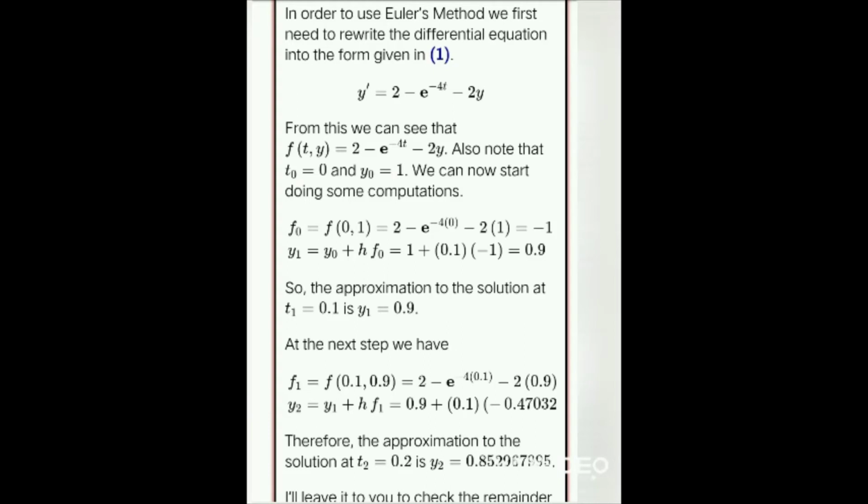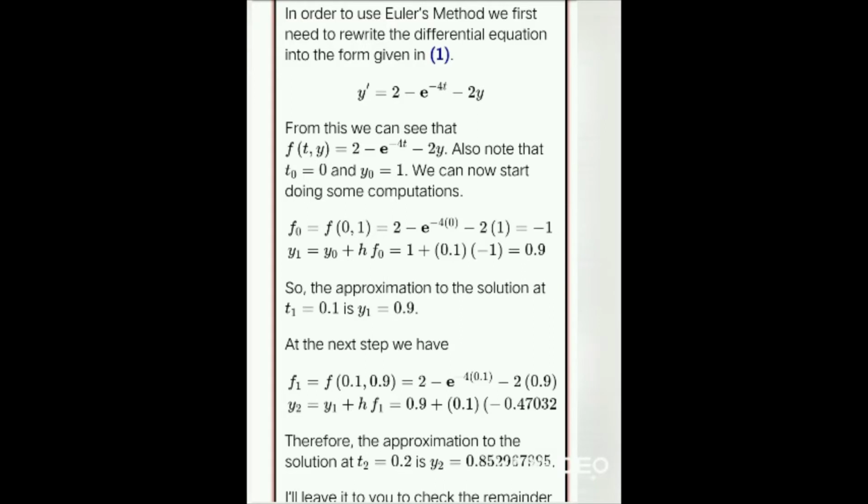Then y sub 2 equals y sub 1 plus h f sub 1 equals 0.9 plus 0.1, which is h is 0.1, din ang value diri gikan sa babaw nga f1 is negative 0.47032 and something.